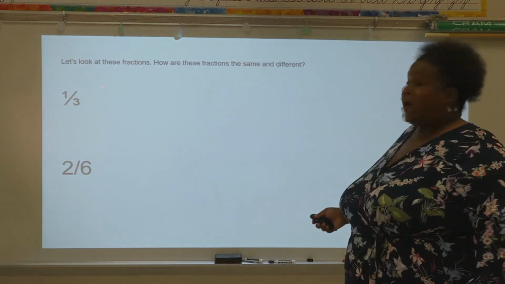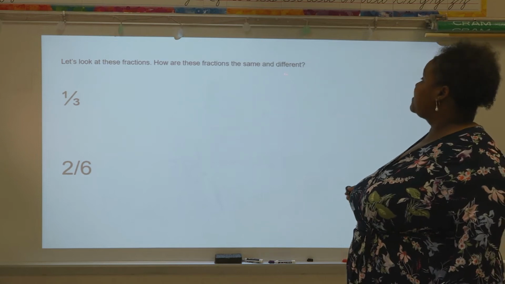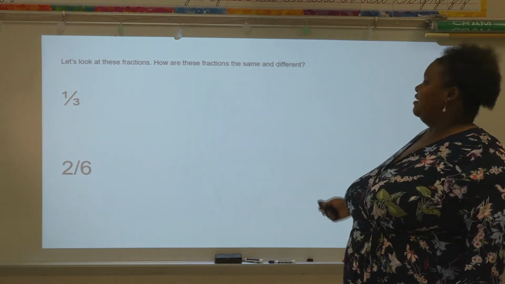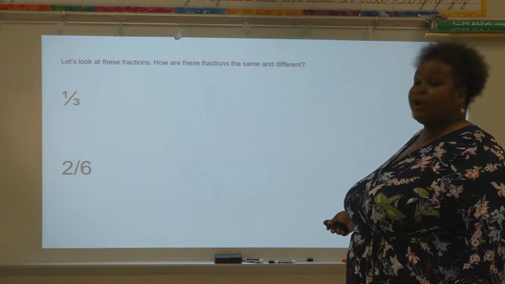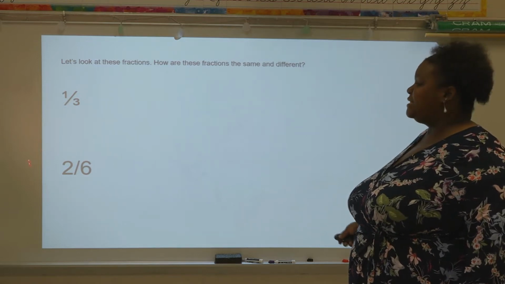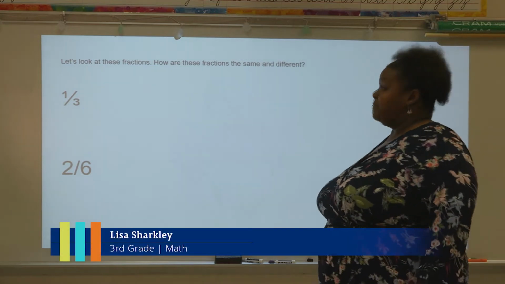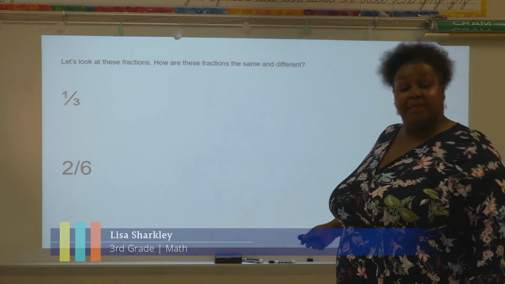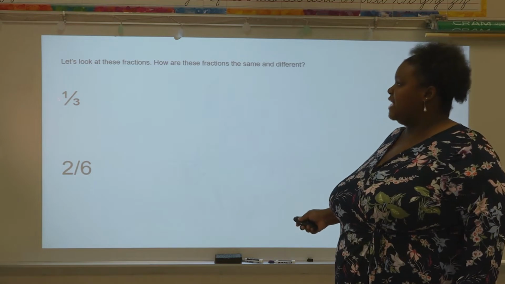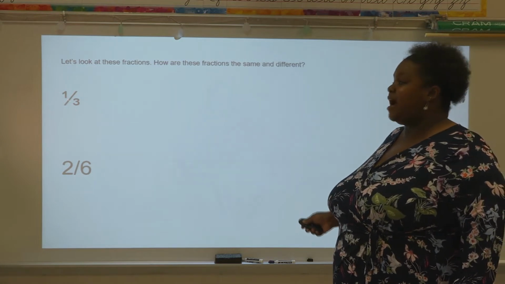Let's look at these fractions. How are these fractions the same and different? All right, I have 1/3 and 2/6. Again, I'm thinking they're the same because they're both fractions. They have a numerator and a denominator.